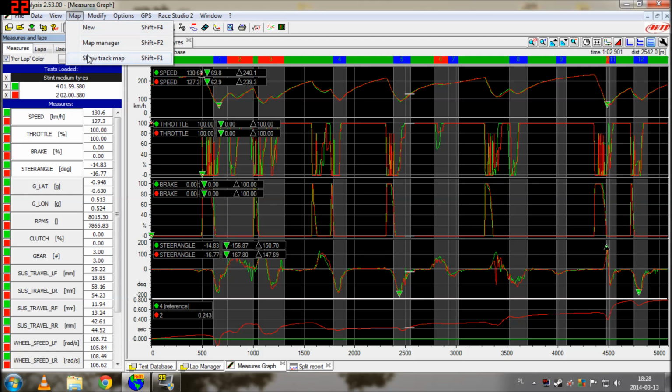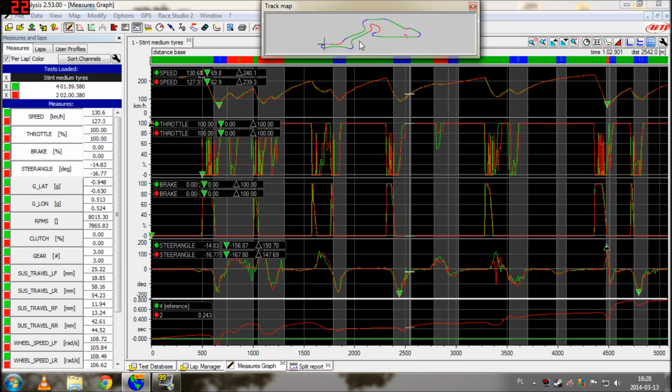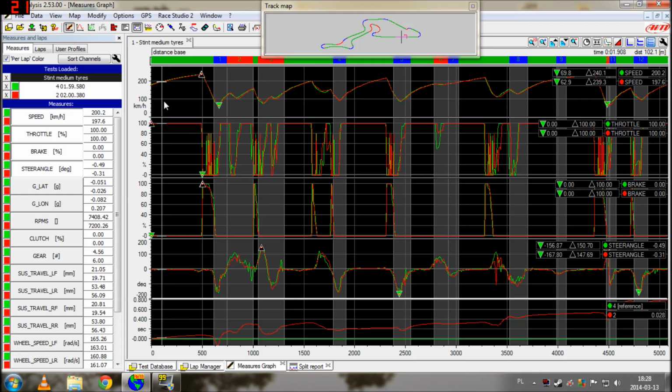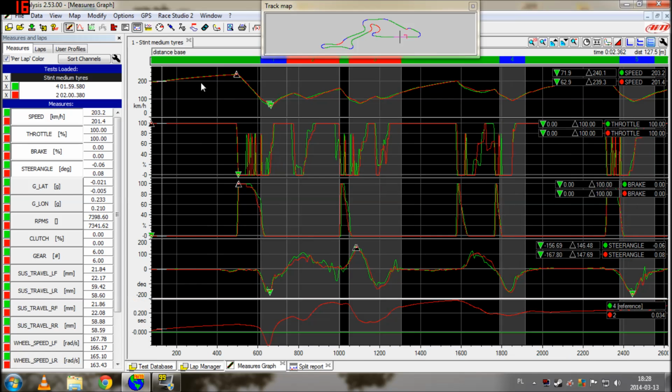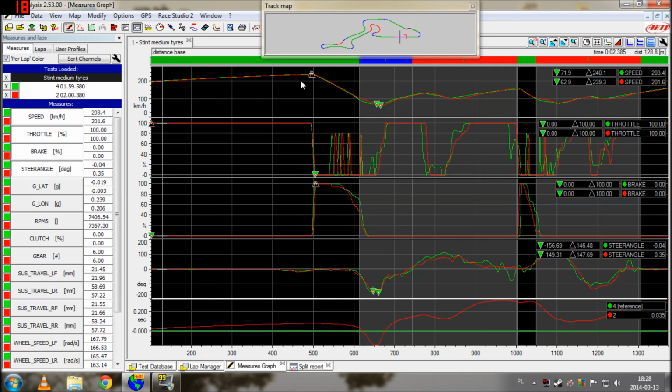But let's show the track map first. That's the Nürburgring, as you can notice. And let's start. We are on the start-finish line. You can see that this cross is moving, and we approach the first turn. Before we get there, look at what is already interesting. Look that on the straight the gap goes up, and we are flat out.